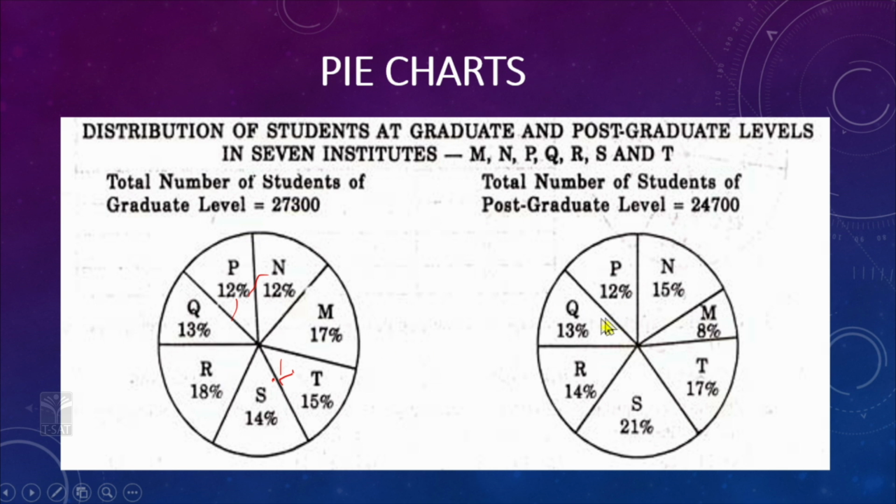Okay. And when you come to the postgraduation level, the highest is 21%. S has the maximum number of postgraduation level admissions, 21%. So this is called sector angle. As the sector angle increases, the number of admissions also increases.